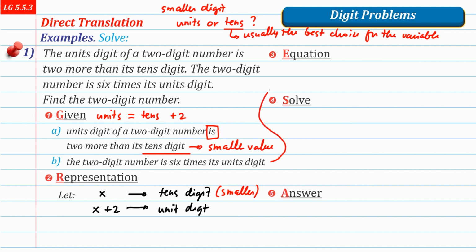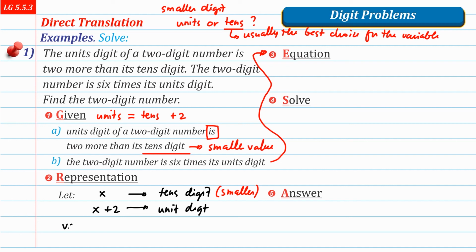Now, ang gagawin natin next is, anong equation? Okay. The 2-digit number is 6 times its unit digit. The equation is the 2-digit number. Ano ba yung 2-digit number? Yung value niya.